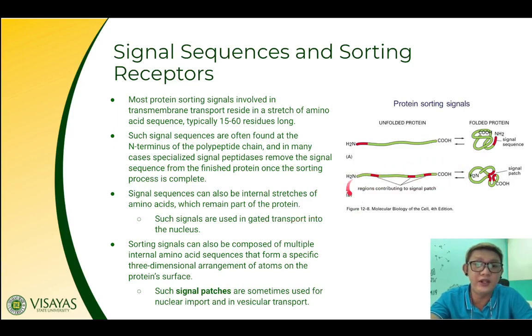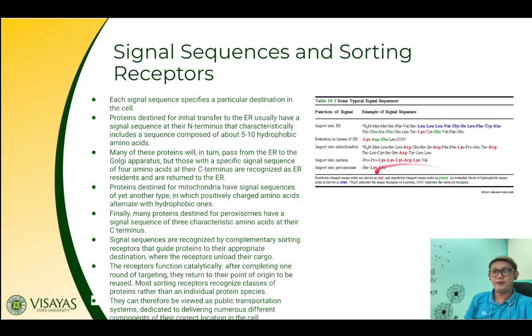So most commonly found for gated transport into the nucleus are signal patches in the protein. So sorting signals can also be composed of multiple internal amino acid sequences that form a specific three-dimensional arrangement of the atoms on the protein surface. So these are called signal patches. They're used for nuclear import and sometimes in vesicular transport. So each of these signal sequences specifies a particular destination in the cell.